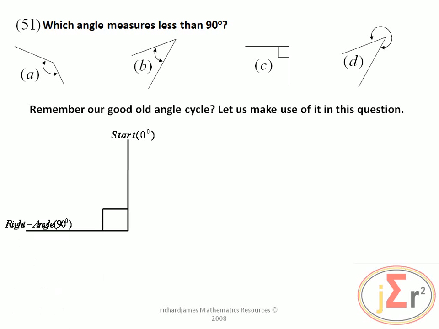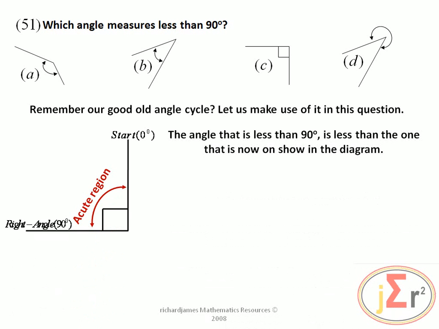So which angle measures less than 90 degrees? The angle that is less than 90 degrees is less than the one that is shown on the diagram, which is this one. So the one that is less than 90 is less than this angle that we have here.